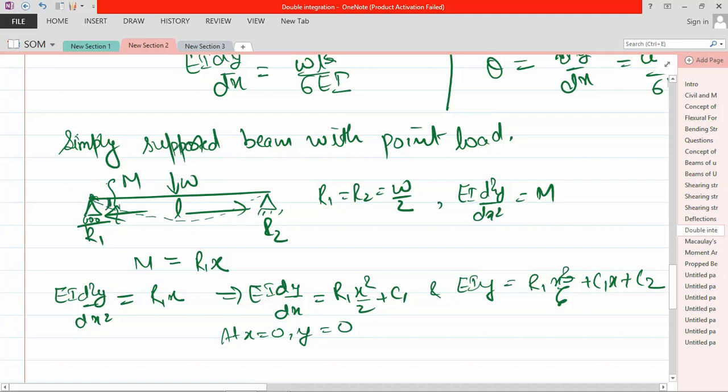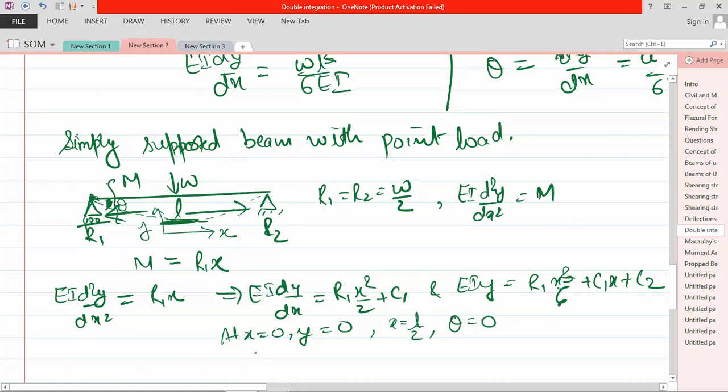But at the middle the slope is 0, because it is horizontal, parallel to the x-axis. So at x is equal to L by 2, theta is equal to 0. These are the boundary conditions for simply supported, and in cantilever the boundary conditions are different.